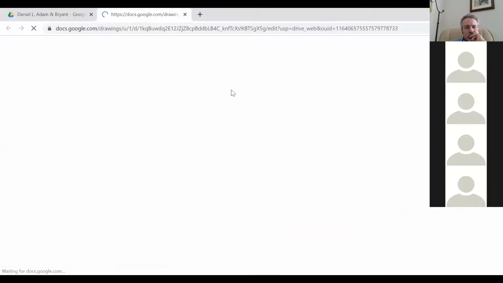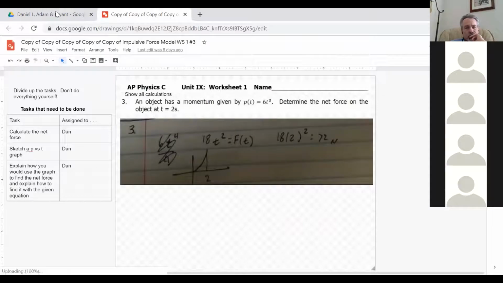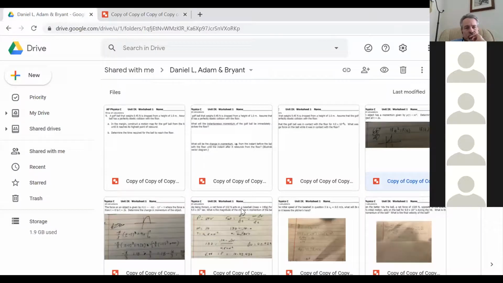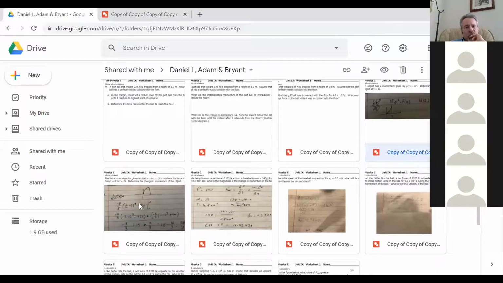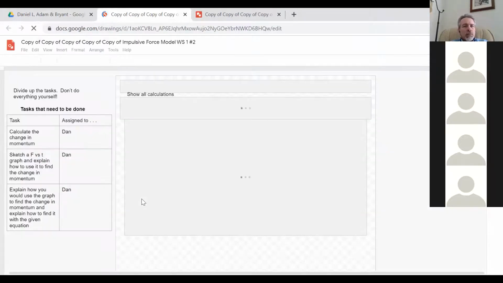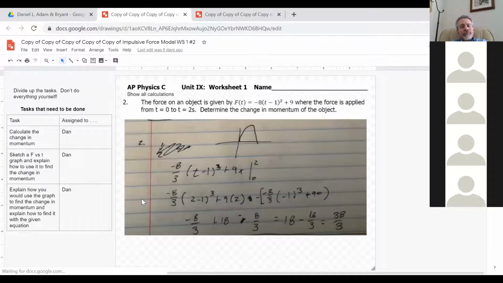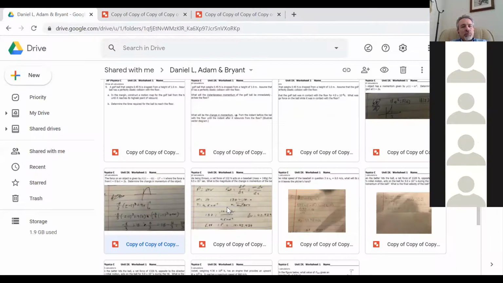I think this is number 4. Oh, that's number 3. Oops. Which one is number 4? It doesn't have a picture with it. I think it's the baseball player one. Hold on. Oops. Okay. Sorry. This one. Okay. Got it.